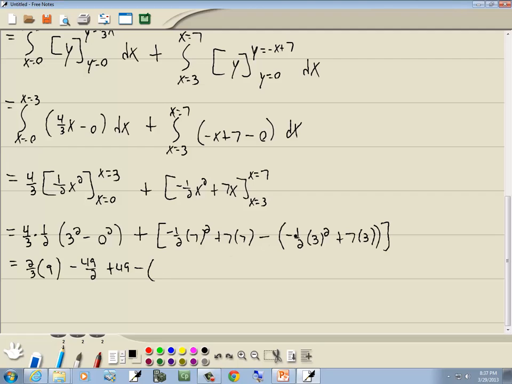Minus 3 squared is 9, times negative 1/2 is negative 9 halves. 7 times 3 is 21. This gives us 6. Minus 49 halves plus 49. Negative flips a sign, so it becomes a positive 9 halves minus 21.